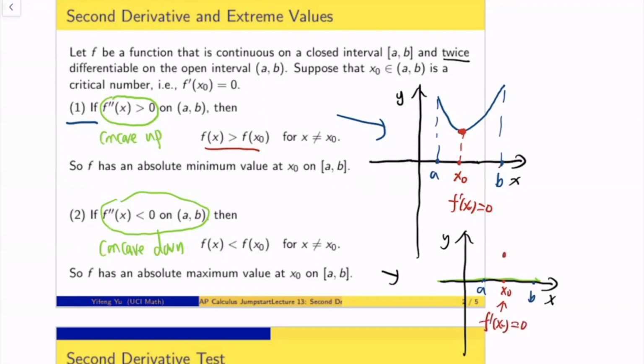This time the function is concave down. It's clear the function attains an absolute maximum at this point. In other words, all the values of the function are less than the value at this point whenever x is not the same as x0.